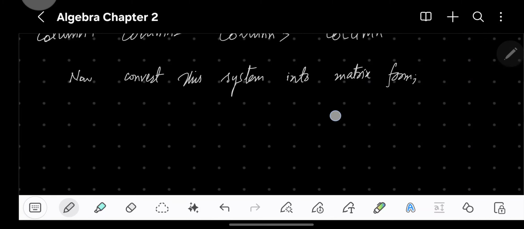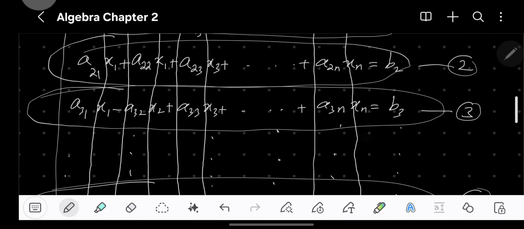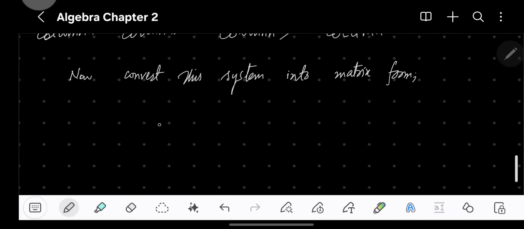So in order to convert the system into matrix form, first I will write the coefficient matrix, then I will write the variable matrix, and then I will write the equal matrix, or I will write the constant matrix.